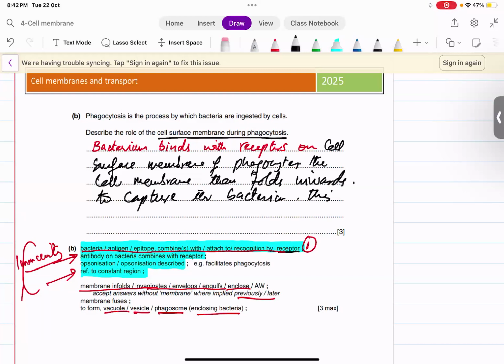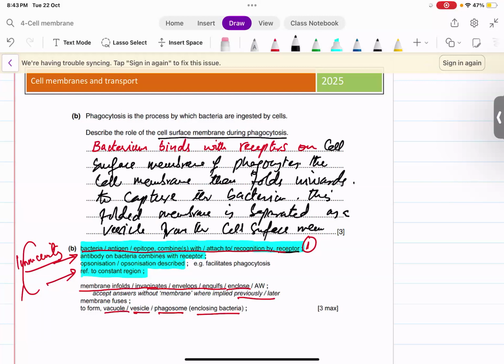This folded membrane is separated as a vesicle from the cell surface membrane. So this is how you should have answered this question.